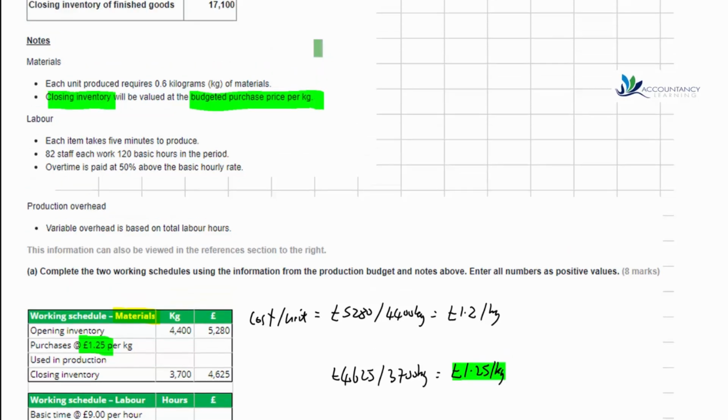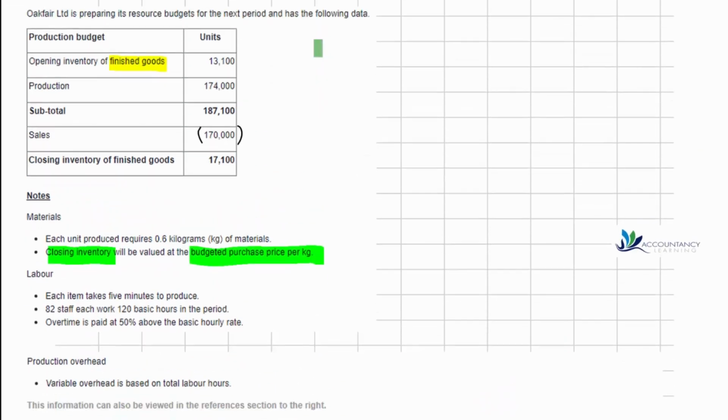So if we look at the data we've been provided, it doesn't tell us how many kilograms we purchased. None of that information is available, but we are told about how much production there was. We know that we made 174,000 units. Now that's not kilograms though, is it?